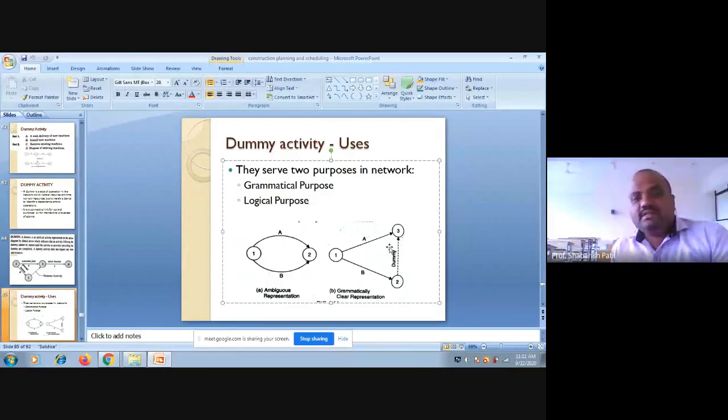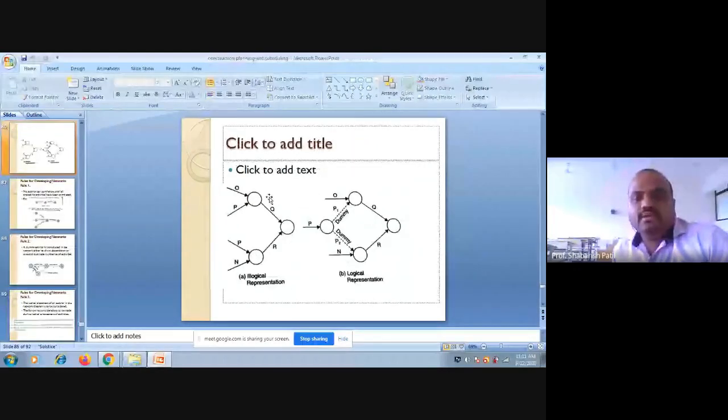Otherwise I can show it this way: draw the two activities and somewhere show the dummy relation. This is a grammatically correct representation of a network diagram. So the dummy activity is helpful in the grammatical representation of a network diagram, and at the same time, in a few cases, it is also helpful for a logical representation.